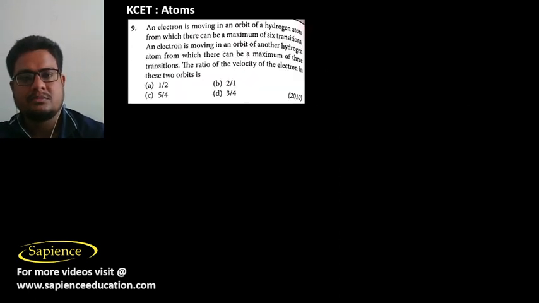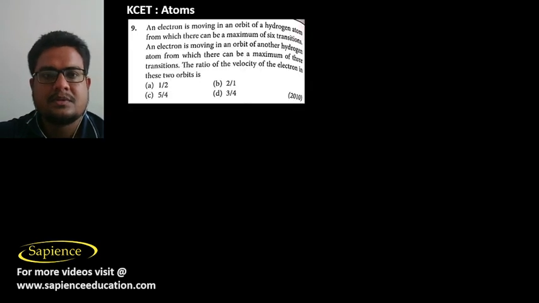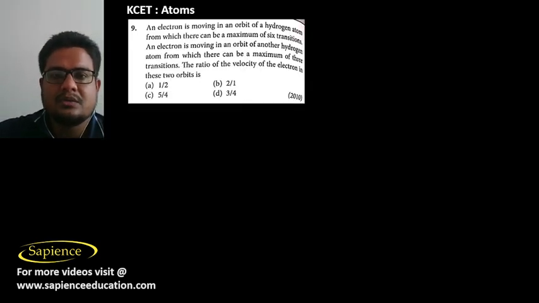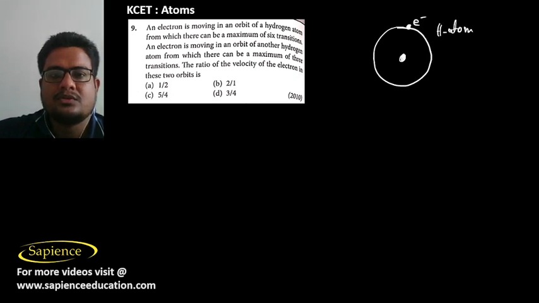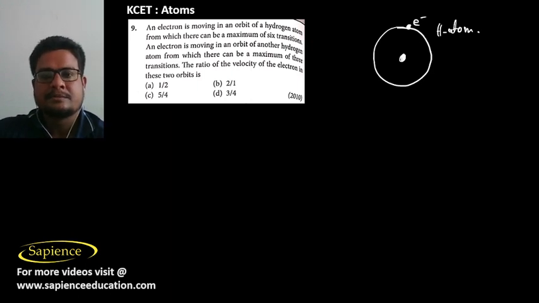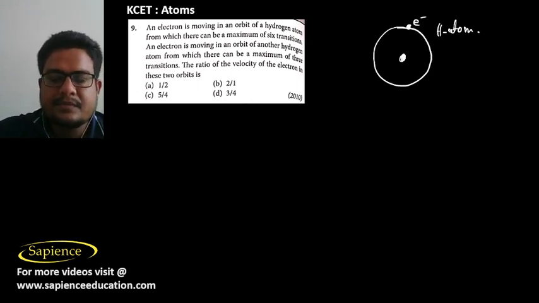Then question number 9, it is told an electron is moving in an orbit of a hydrogen atom, from which there can be a maximum of 6 transitions.